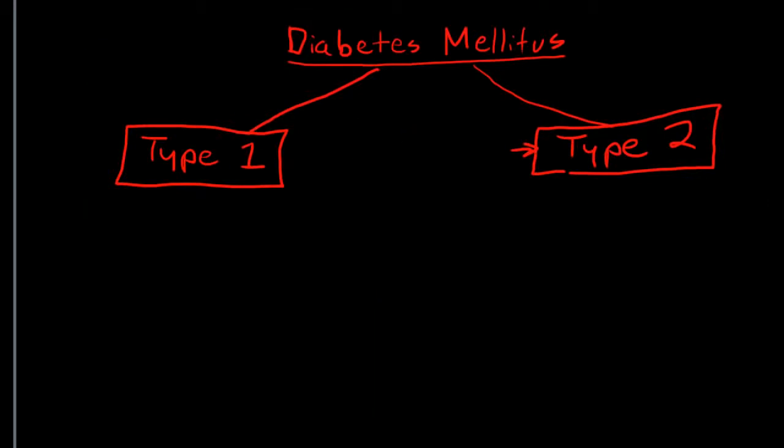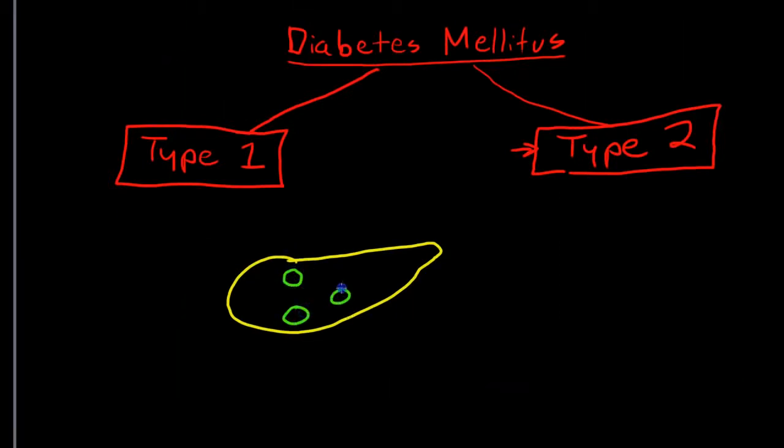So basically we have the pancreas here. Just a little review of what we just talked about with the endocrine pancreas. The endocrine pancreas is filled with little islets of Langerhans, and inside the islets of Langerhans are beta cells. The beta cells crank out insulin in response to glucose that is ingested.